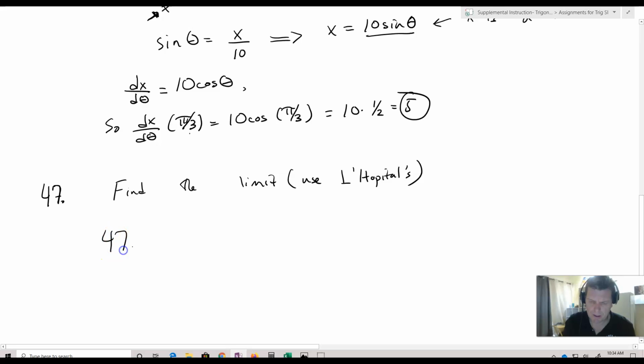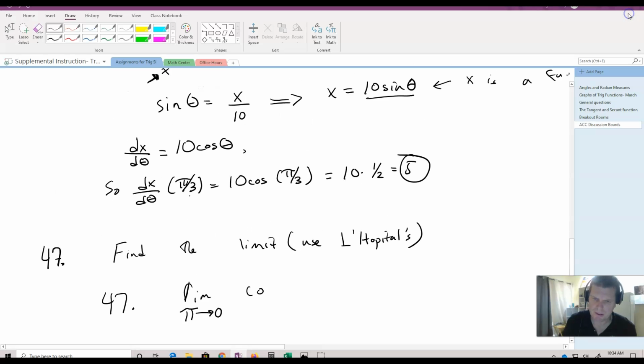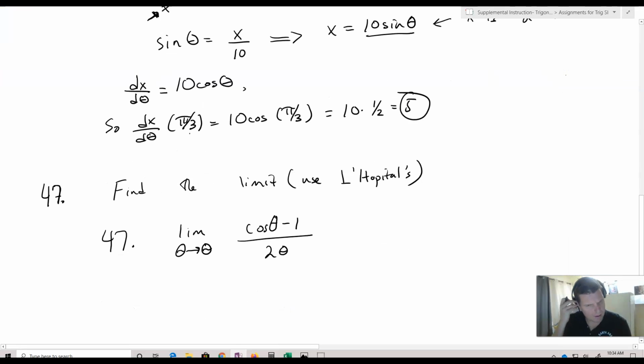47. So 47 had the limit as theta approaches 0 of cosine theta minus 1 over 2 theta.